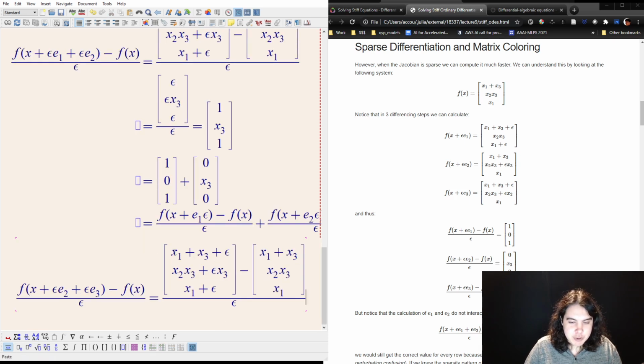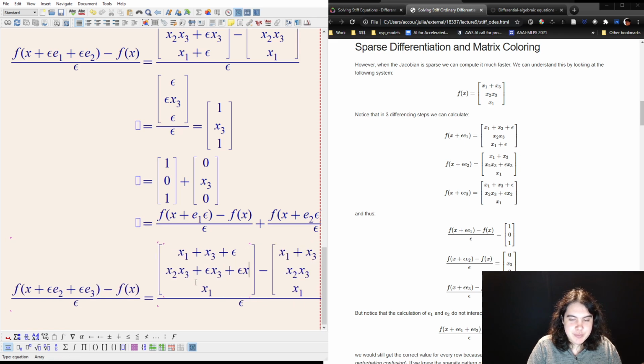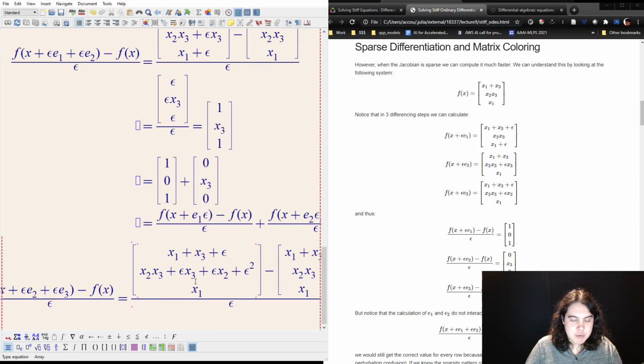So we perturb in the e3 direction, we got this. We don't perturb in the x1 direction, we got that. We perturb in the x2 direction and the x3 direction, and ooh-wee. Okay, so this is going to be a problem here, right? So you get epsilon x3, you get epsilon x2, you get epsilon squared, right?